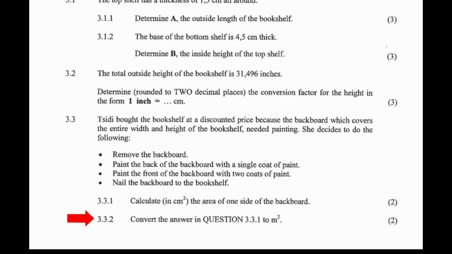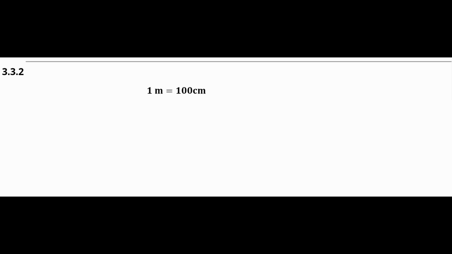3.3.2. Convert the answer in question 3.3.1 to square meters. We should know that 1 meter equals 100 centimeters, but area is measured in squared units. So 1 square meter equals 100 centimeters times 100 centimeters, and this equals 10,000 square centimeters.